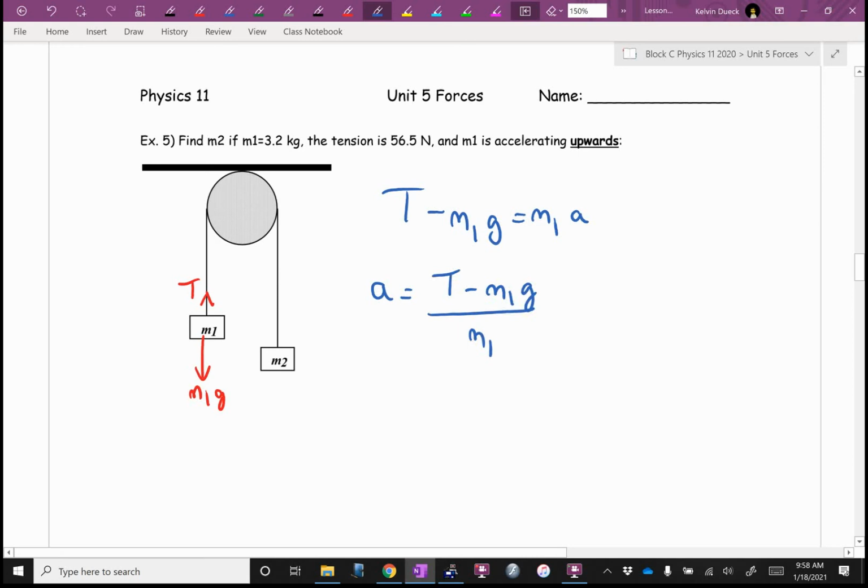And I'm writing out more of my steps because it's a tricky question. I used to only do this in Physics 12, but I moved this to Physics 11 a couple of years ago. Naomi, what was tension? What was M1? 9.8 minus 3.2. What's the acceleration? 25.1.